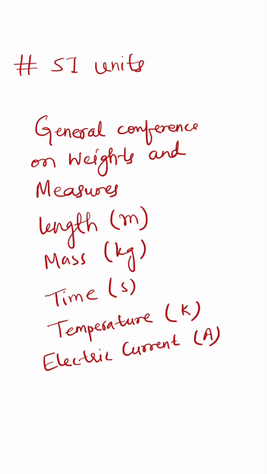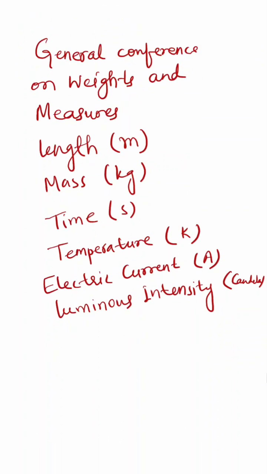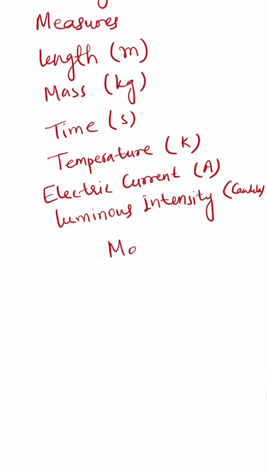Then luminous intensity is there. Its unit is candela. And then there is the mole. You might have studied mole in chemistry. If you are studying chemistry, then you might have come across the quantity mole. The SI unit is mole only.